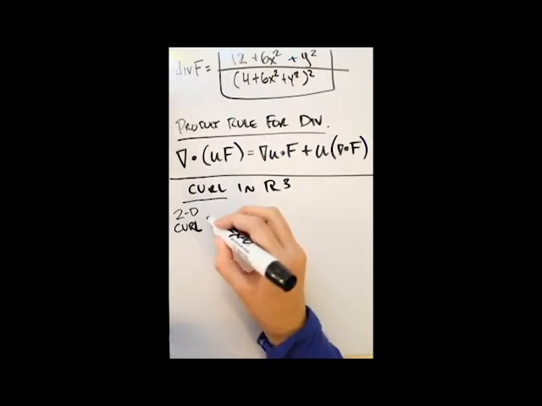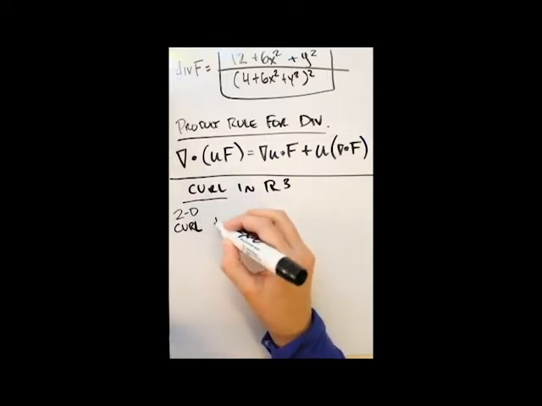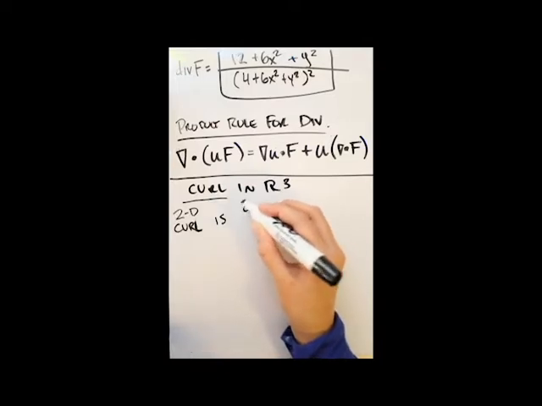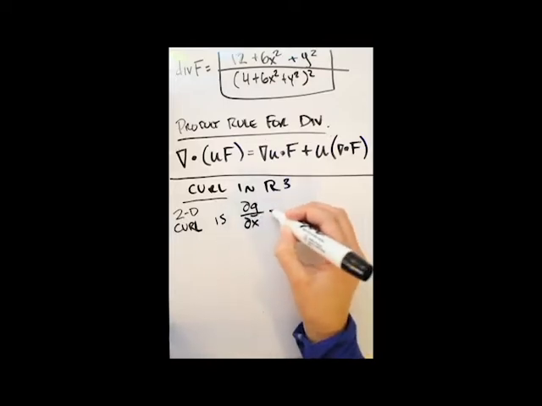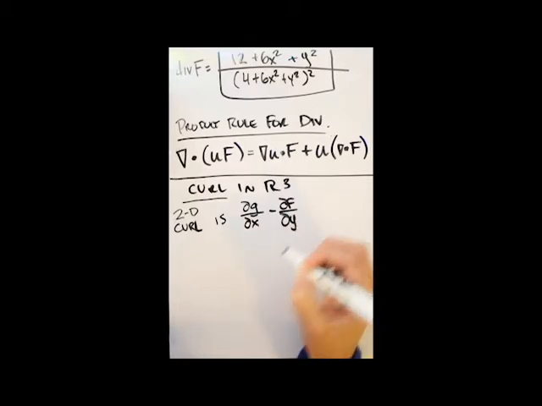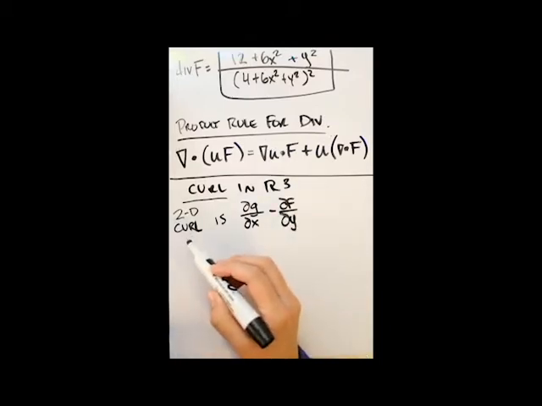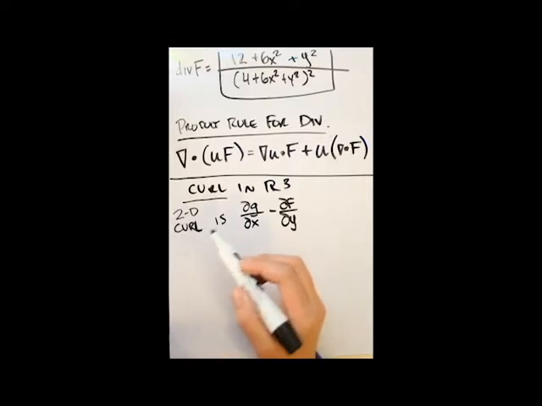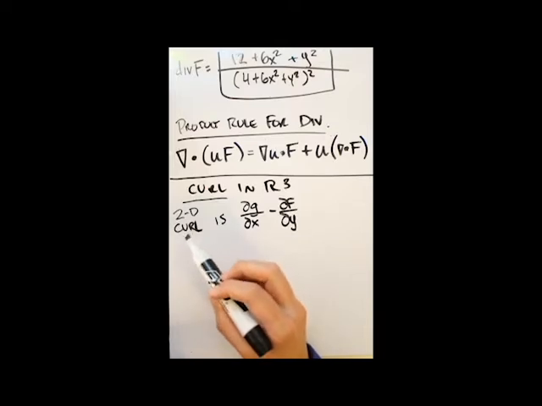Our two-dimensional curl of f was the integrand from Green's theorem, the circulation form. So the partial derivative of g with respect to x minus the partial derivative of f with respect to y. What the curl does is it measures the rotation of our vector field f at a point.